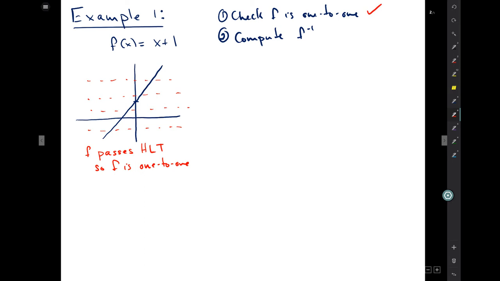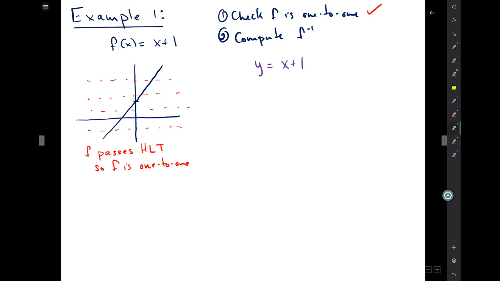So now, if I want to actually compute the inverse, originally we have that our output, y, is x plus 1.